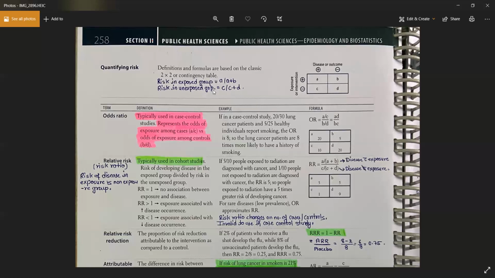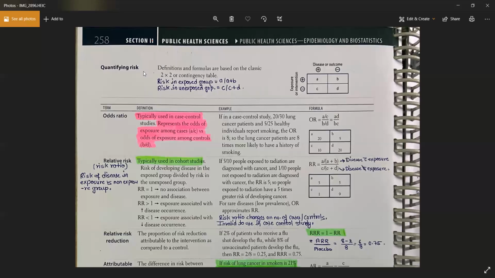Similarly, risk in the unexposed group will be equal to all the individuals who developed the outcome or the disease divided by all the individuals who do not get the exposure. Okay, is it clear up to now? The risk thing, is it clear, guys?